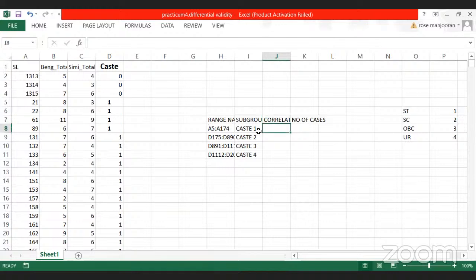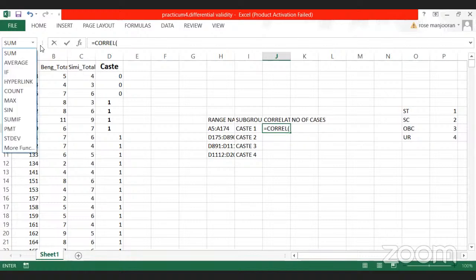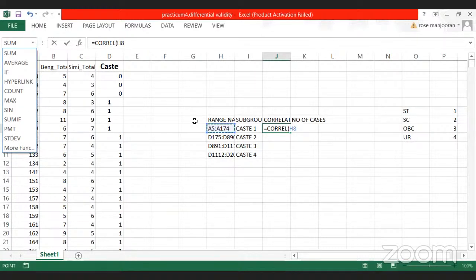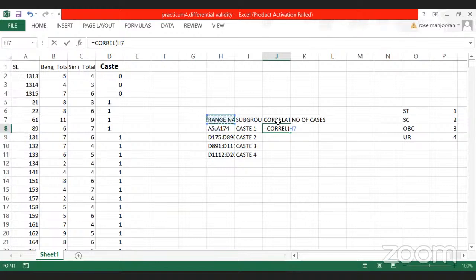So what we will do is we will write equal to CORREL. Then we have to find the range, you can easily find it by clicking here. That means by clicking here, it will come. You can easily find the range name if you want.